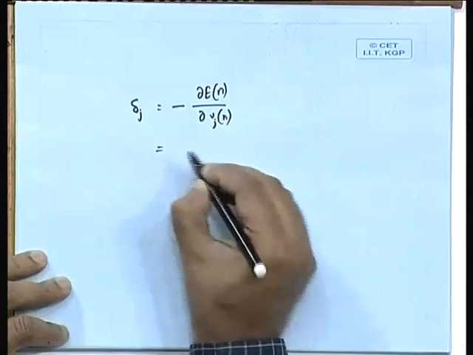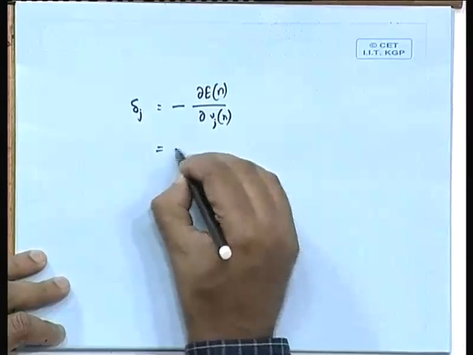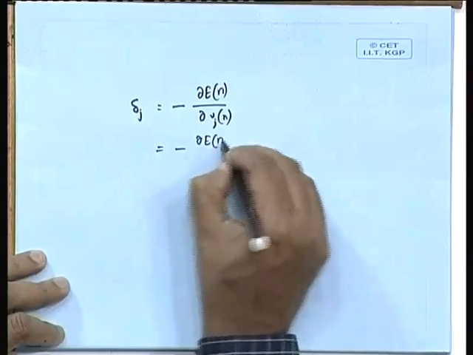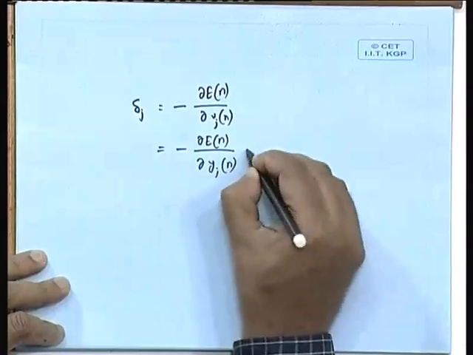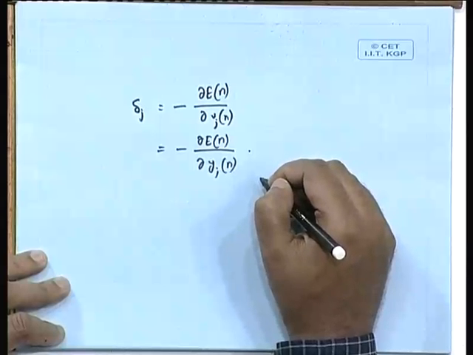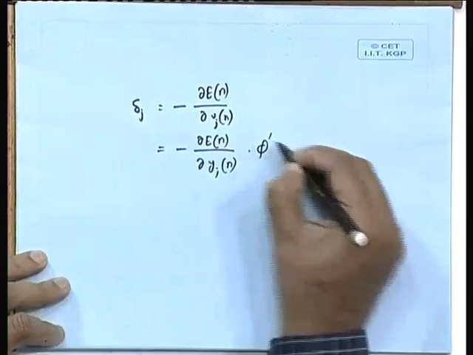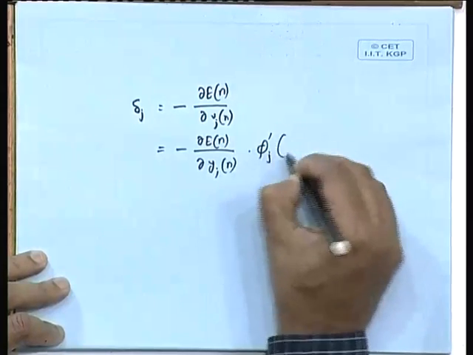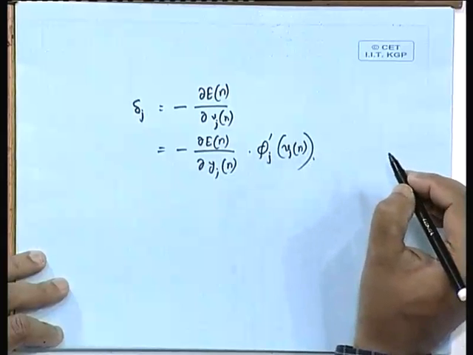Instead of expressing that directly, we can express it as dou En by dou Yj of n, multiplied by dou Yj of n with respect to dou Vj of n, and that is the derivative of the activation function of jth neuron. So, this should be phi dash j of Vj of n. Is that understood?